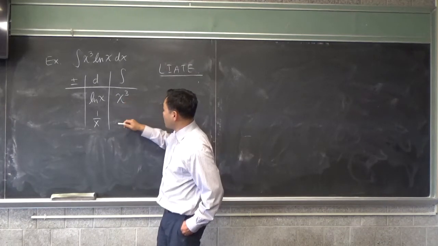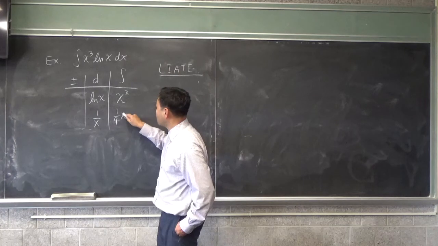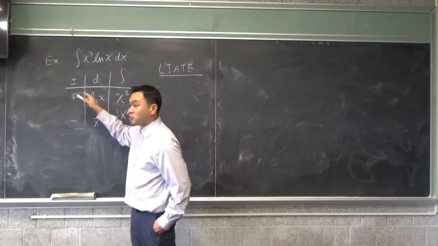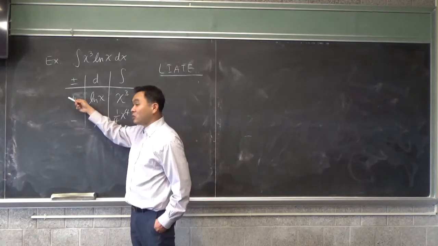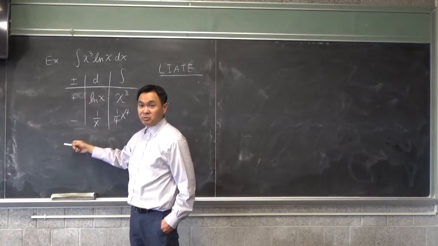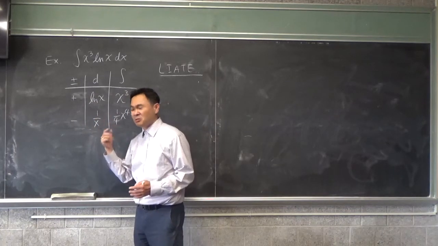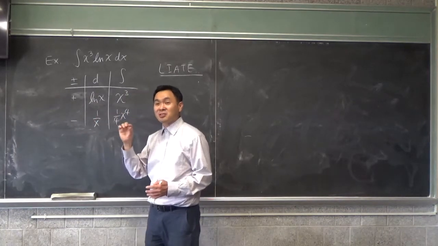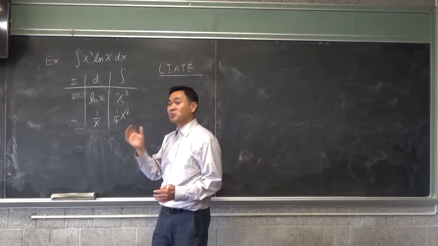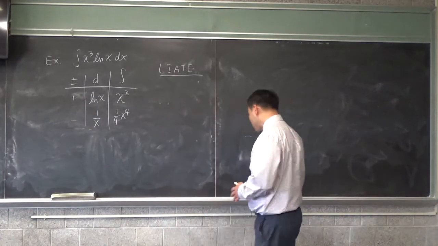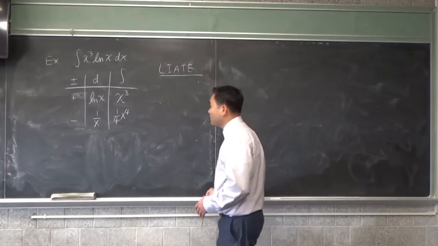So this integrates to 1/4 of x to the fourth, and there's an alternating plus minus. You should always start from plus, and you should alternate. This really keeps track of that annoying minus sign in integration by parts that keeps switching signs, right? That's what this is doing. So we have everything built up.